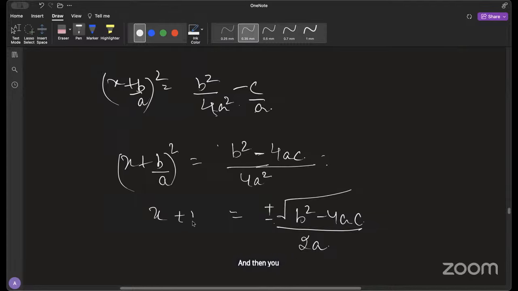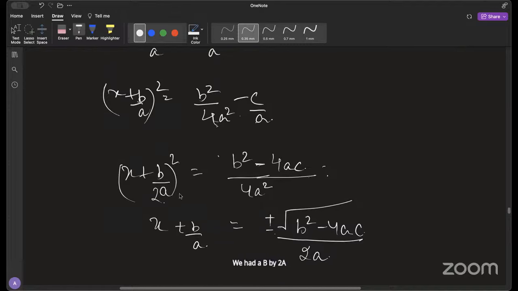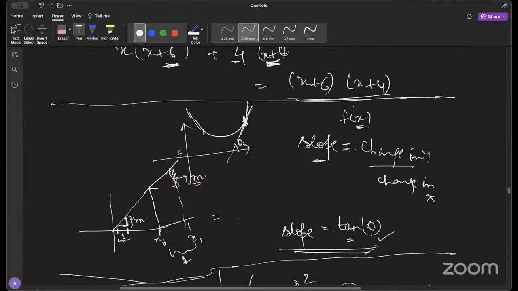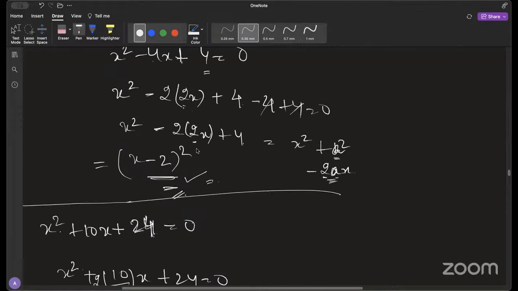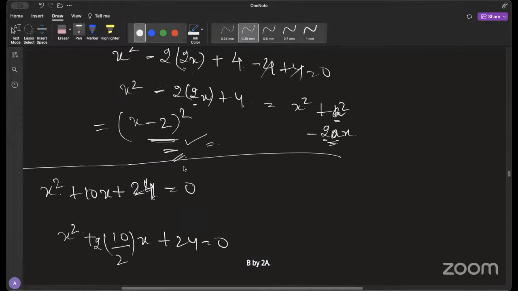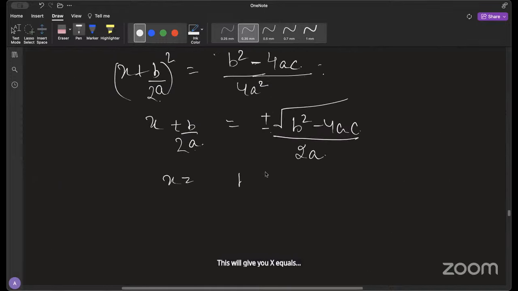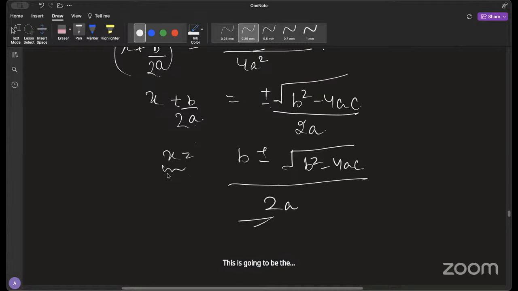And then you will have this thing minus b by 2a, since we had b by 2a here. This will give you x equals minus b plus minus square root of b square minus 4ac by 2a. This is going to be the value of x.